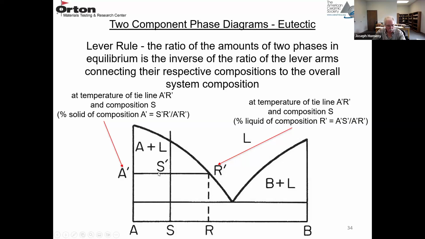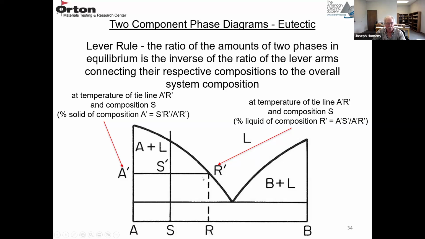So this portion of the tie line is opposite the liquid phase. So the ratio of A prime S prime over A prime R prime is the percent of the liquid of composition R prime that's present. So you get the percent of the solid phase, the percent of the liquid phase, and the composition of the liquid and solid phases.